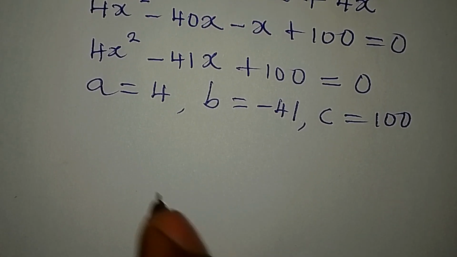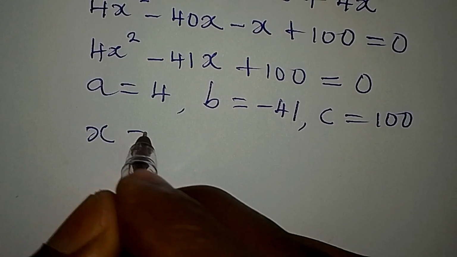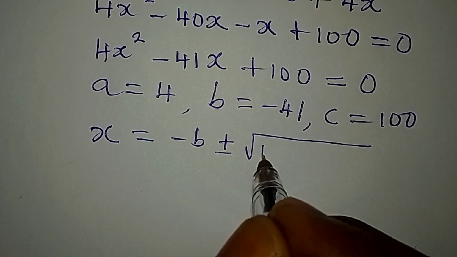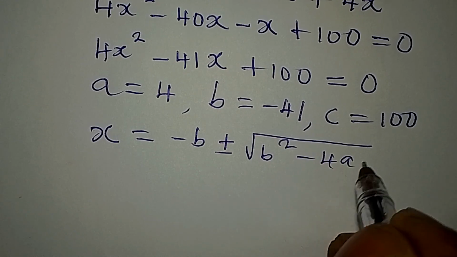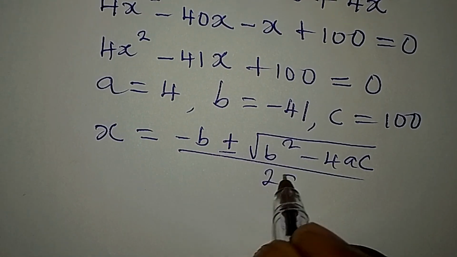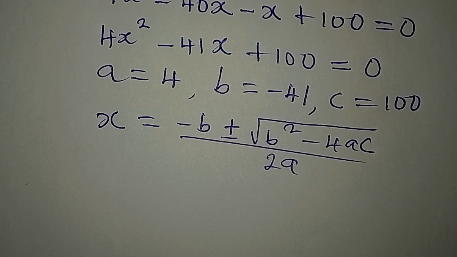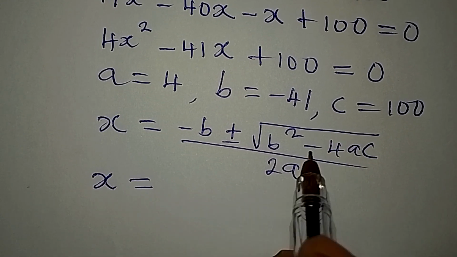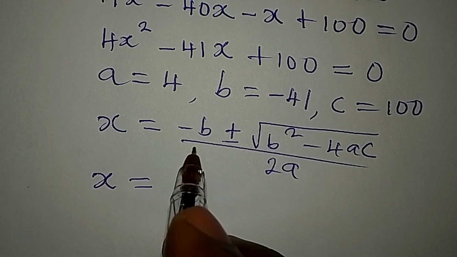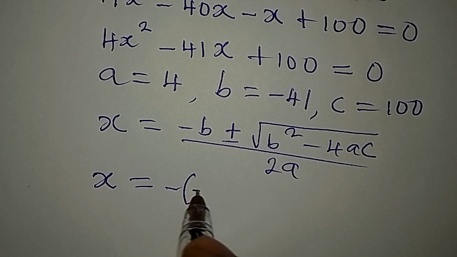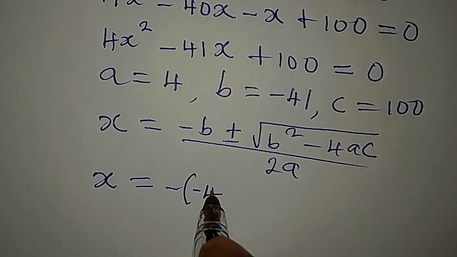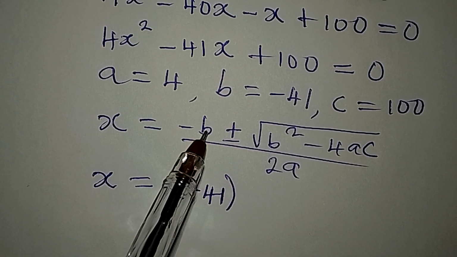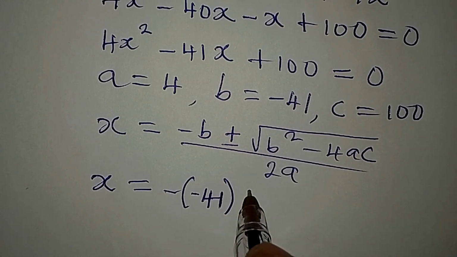Now, what is the formula? The formula is x equal to negative b plus or minus square root of b squared minus 4ac all over 2a. Now, put in the values of a, b, c. X will be equal to, in place of negative b, we'll be having negative 41, because this negative will come down, and b itself is negative 41, right?